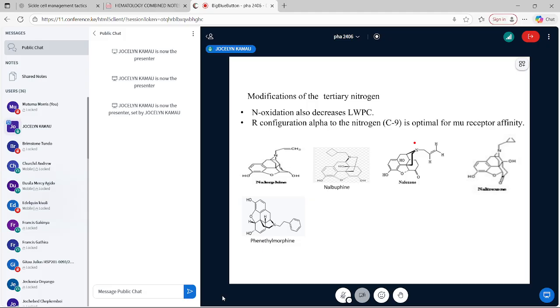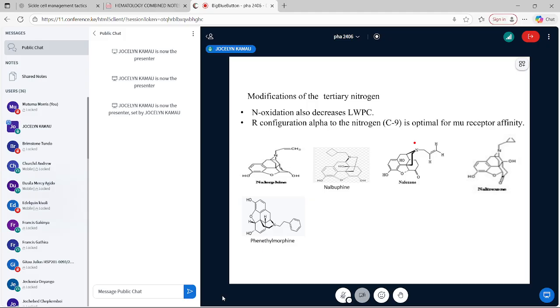All that is dependent on what you put at position number 17 on the terminal nitrogen. What you put in these other positions, whether you put a hydroxyl group at position number 14, or you change the group at position number 6 to be a ketone or a methylene group, all that does is help that molecule bind the receptor more strongly.